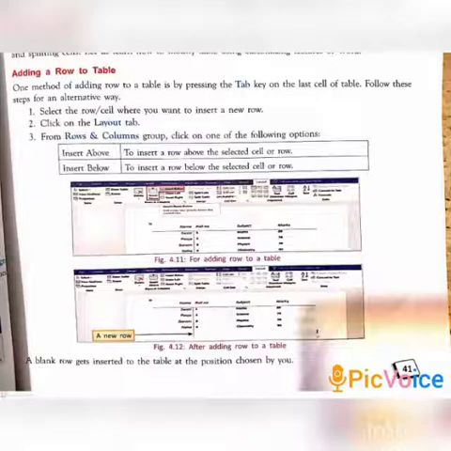Step 1. Select the row or cell where you want to insert a new row. Click where you want in your table to add a row or column and then click the layout tab. Then from the rows and columns group, click on one of the following options.